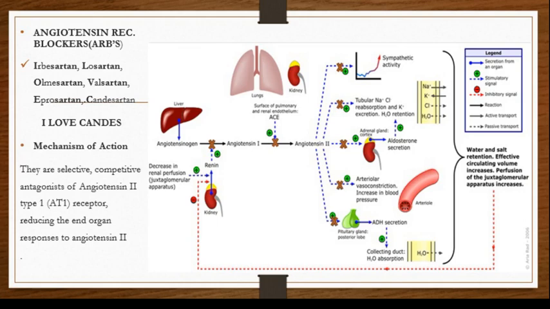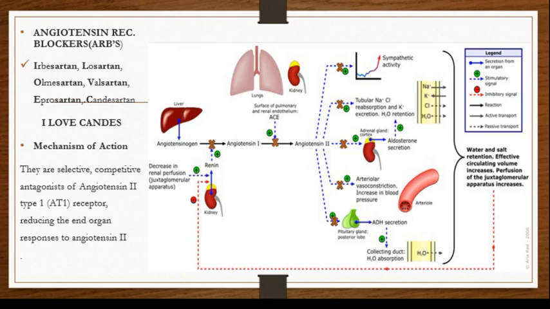So how do angiotensin 2 receptor blockers work? Basically, as we've seen with angiotensin 1, as you can see where the stars are placed, these are the points at which angiotensin 2 is going to work. And so when we give angiotensin 2 receptor blockers, they are going to block the effect of angiotensin 2, and so the sympathetic effect of angiotensin 2 is going to be inhibited.